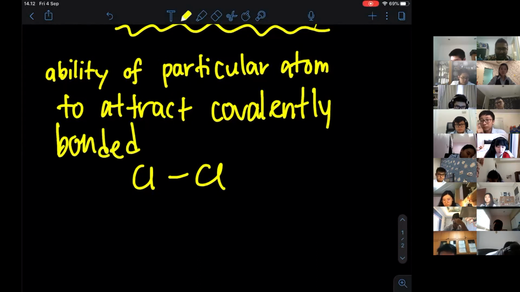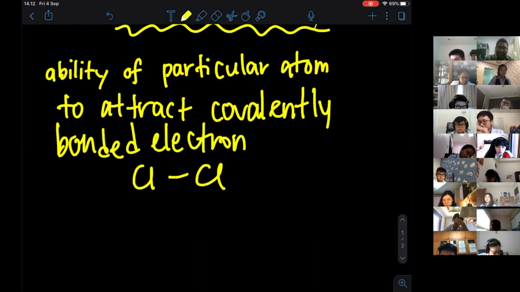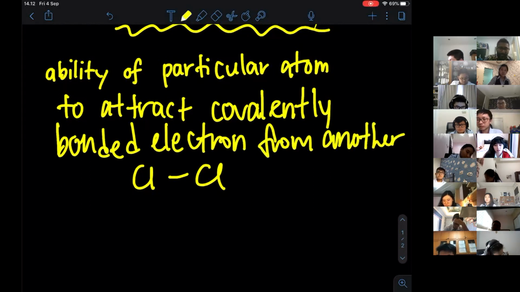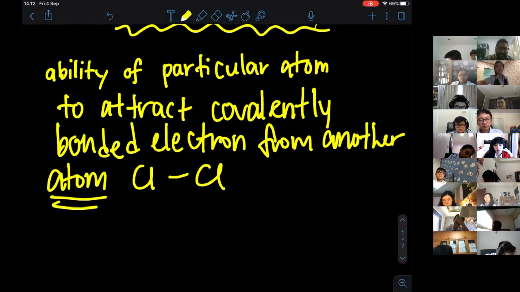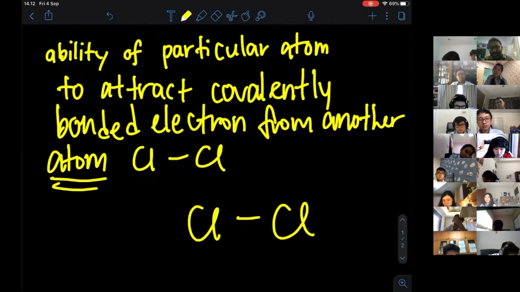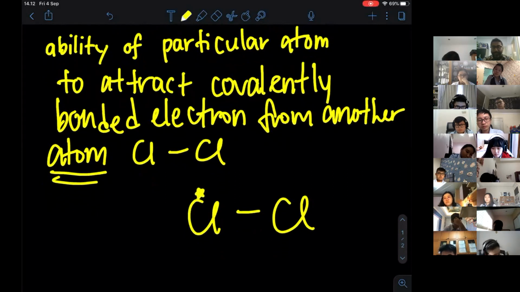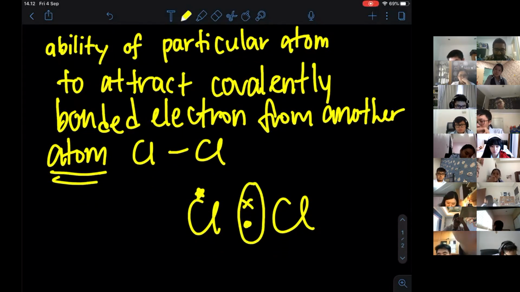Covalently bonded electrons from another atom. To make it simple, if I have Cl and Cl, and I use the term electronegativity for this particular atom of Cl, it means the ability of this Cl to attract this bonded pair of electrons towards itself.